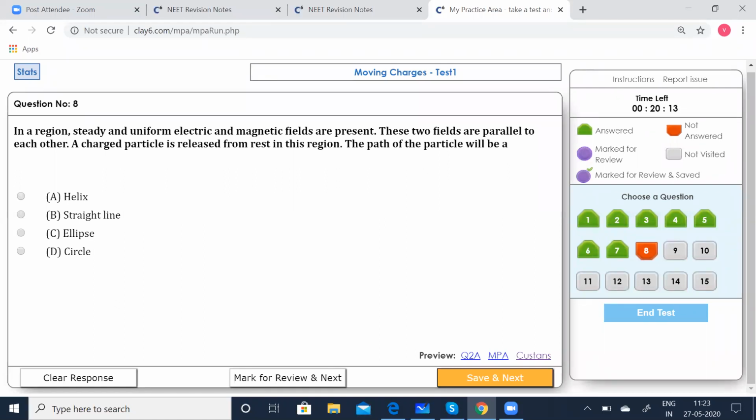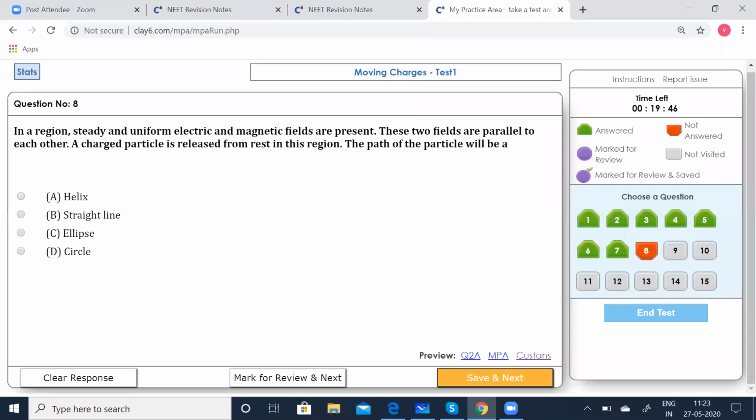Initially, along the direction of the electric field, depending on whether it is a positive or negative charge, due to this force it will acquire some velocity along the x-axis, because both the electric field and magnetic field are along the x-axis.